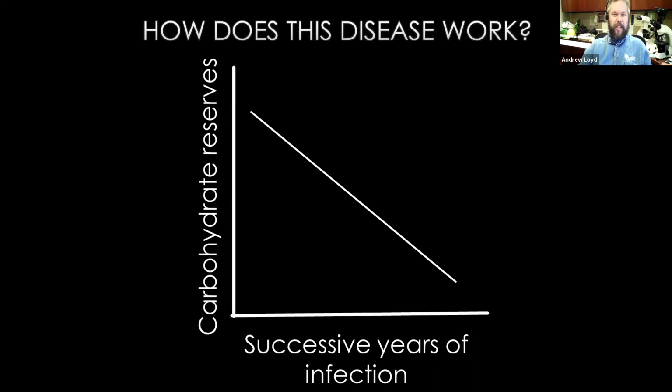So the disease overall, how does it kill the tree? What we think happens now, and we're constantly learning about this, is that you reduce photosynthesis in one season, and over years of infection, you're reducing it even more, and so it starves the plant out, if we want to make an analogy.